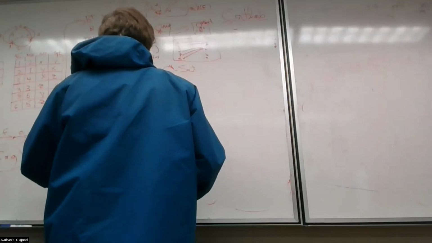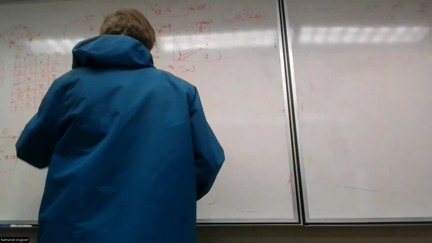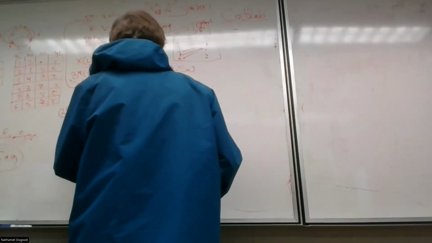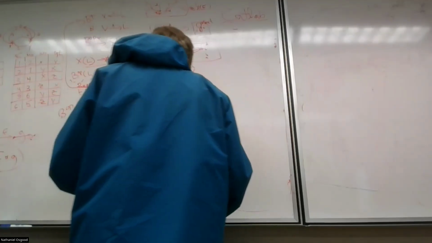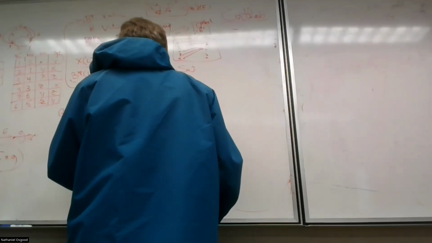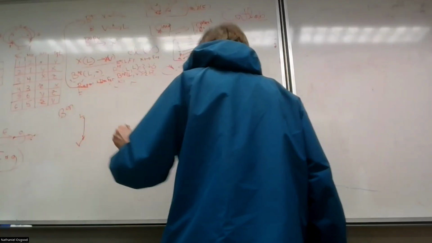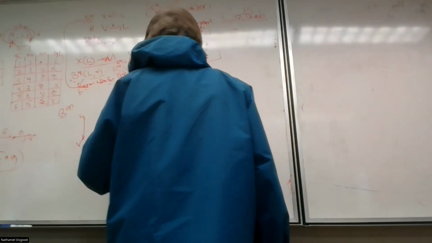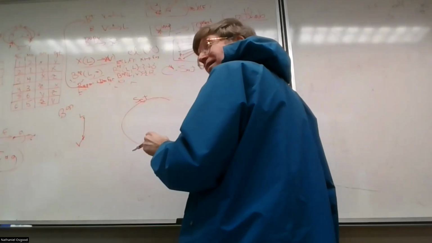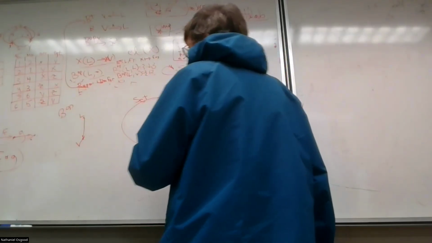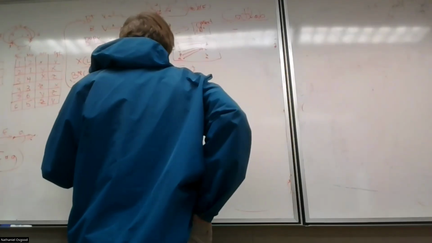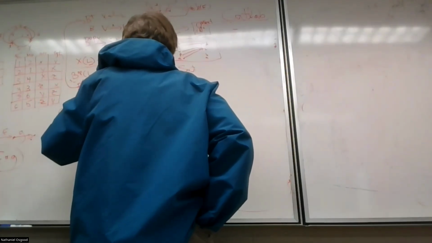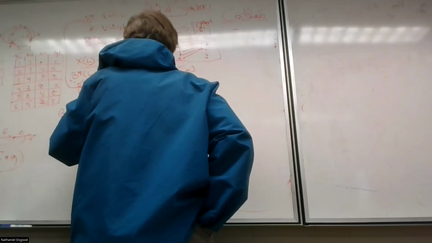Here's L, here's Bop. Here's L, Bop. And we're imagining this for the representable. Here's going to be our set. This is going to be a functor. What's the functor going to be? It's going to be Bop L comma this.